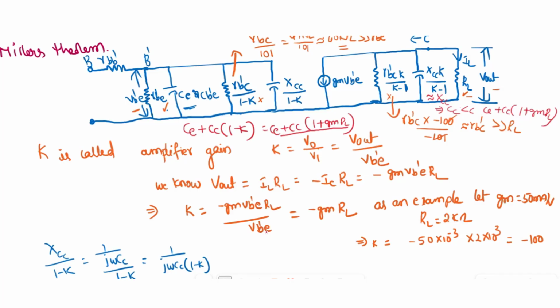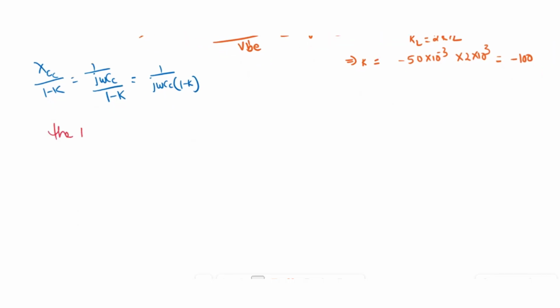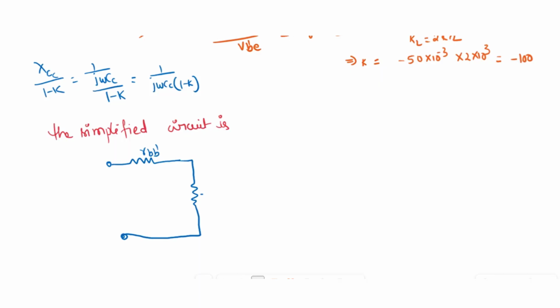Now I am drawing the total resultant circuit. RB dash E is there. Voltage across this is VB dash E. This is the terminal B and this is B dash.